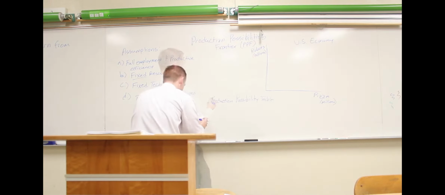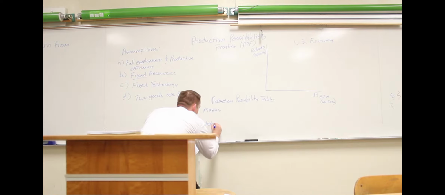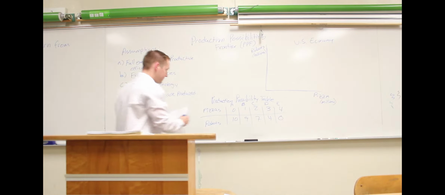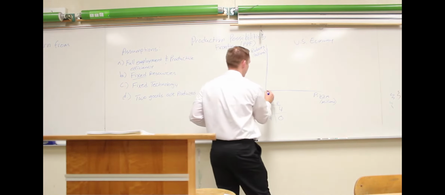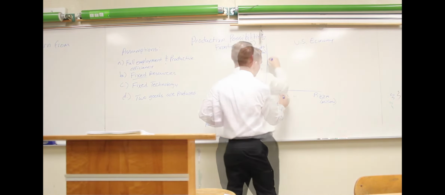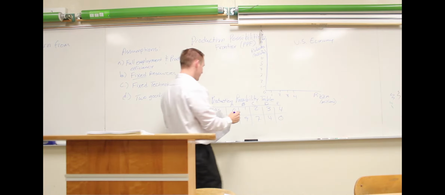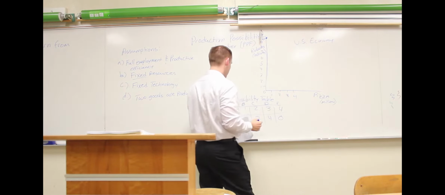One second. So we have pizzas and robots. My graph is not the greatest here. Okay, so we're going to plot these down. So 0, 10, so there's one point here.